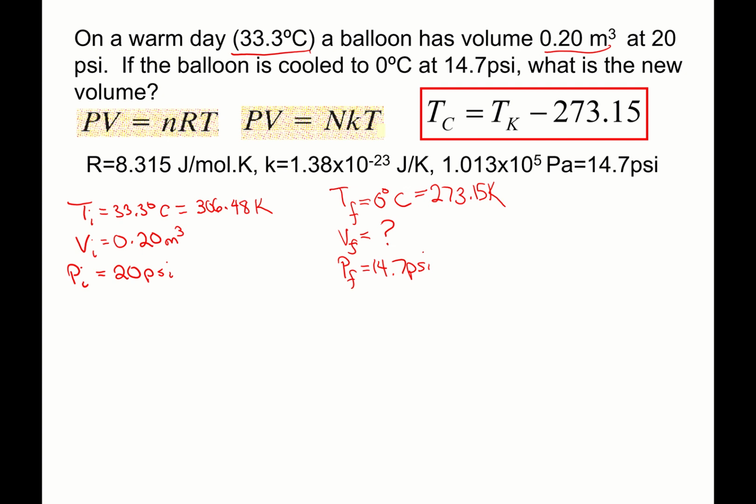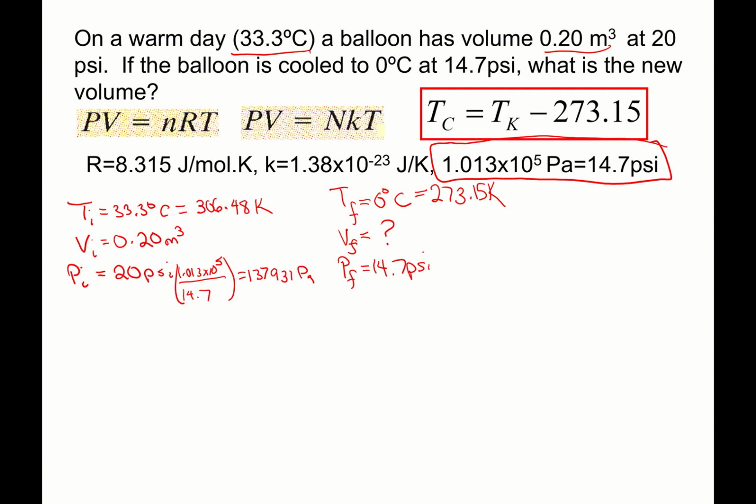Okay. Volume, that's already in cubic meters. We're good. The pressure is in psi, so we need to use the conversion factor shown there. That 1.013 times 10 to the 5 pascals is 14.7 psi. So I need to multiply by 1.013 times 10 to the 5 over 14.7, and I get, it's going to be a big number because I'm multiplying by 10 to the 5, 137,931 pascals.